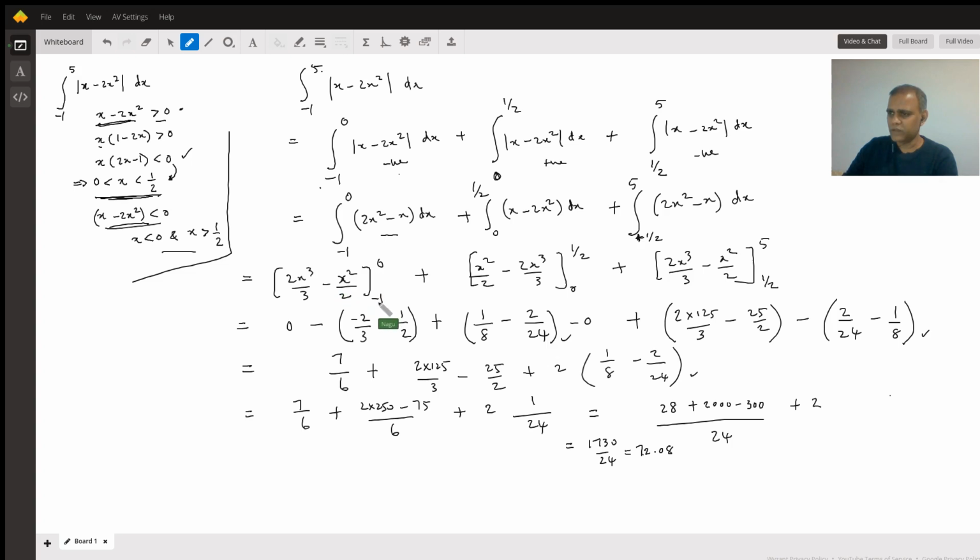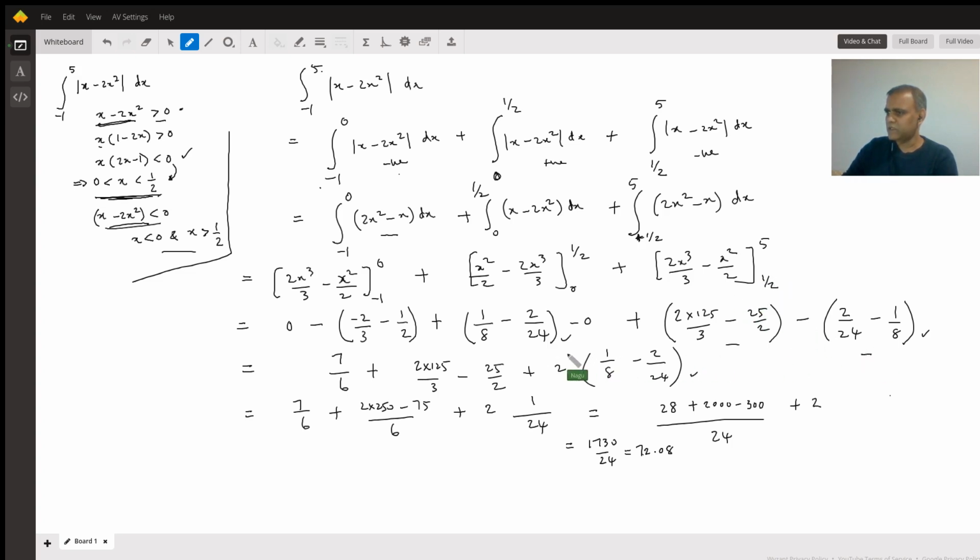Now, substituting the limits in these expressions, we find 0 minus (-2/3 minus 1/2), plus 1/8 minus 2/24 here, minus 0, and then substituting 5 we get this, and substituting half we get this.